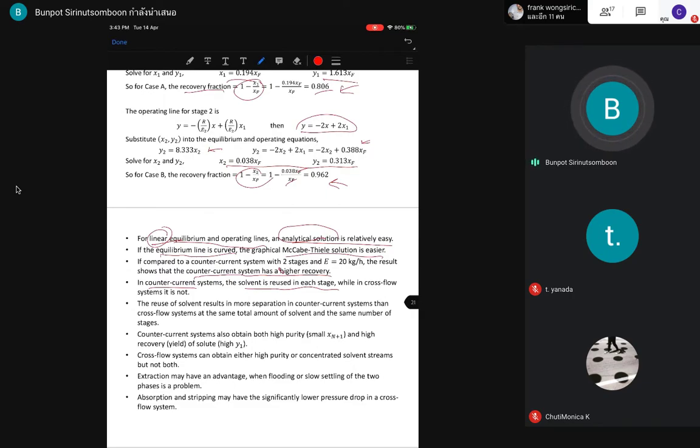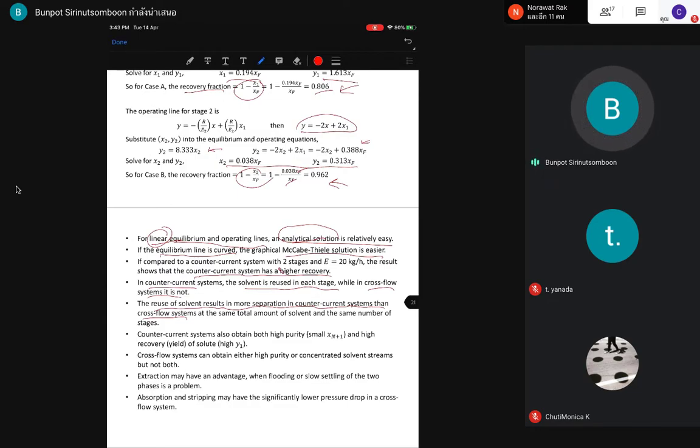In cross flow you use fresh streams of solvent for each stage, so the solvent is not reused, and you get a higher recovery with counter current. The reuse of solvent results in more separation in counter current than in cross flow.